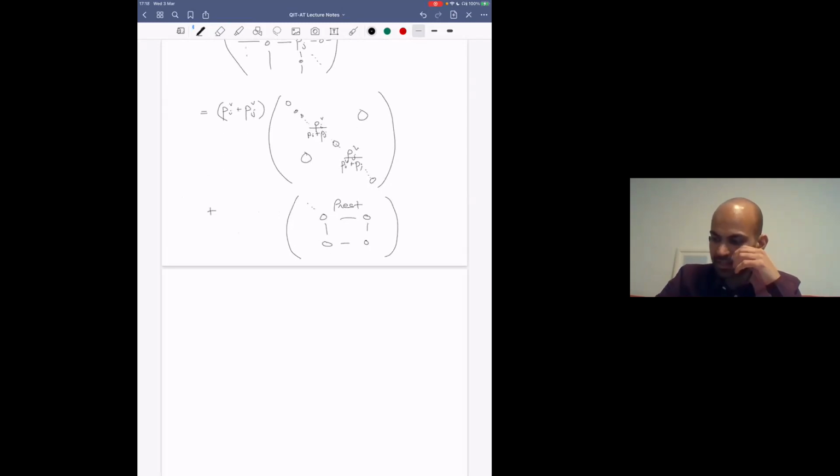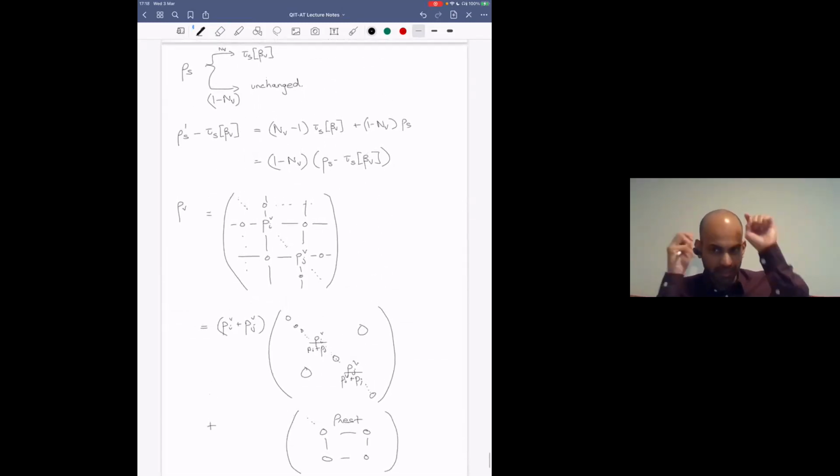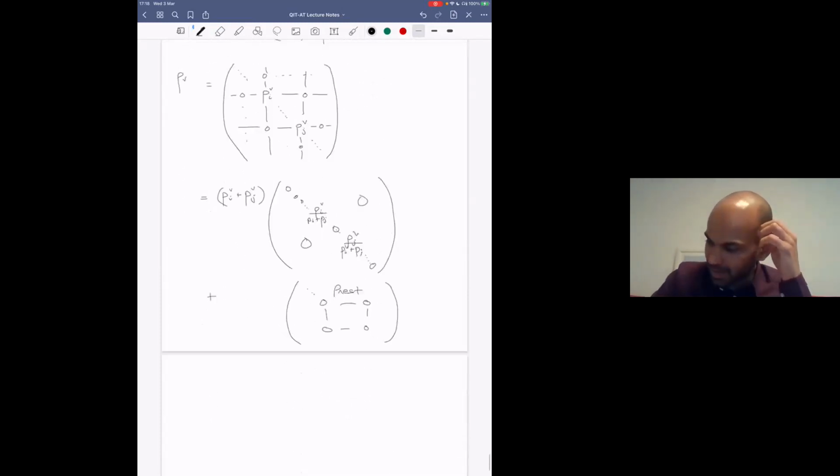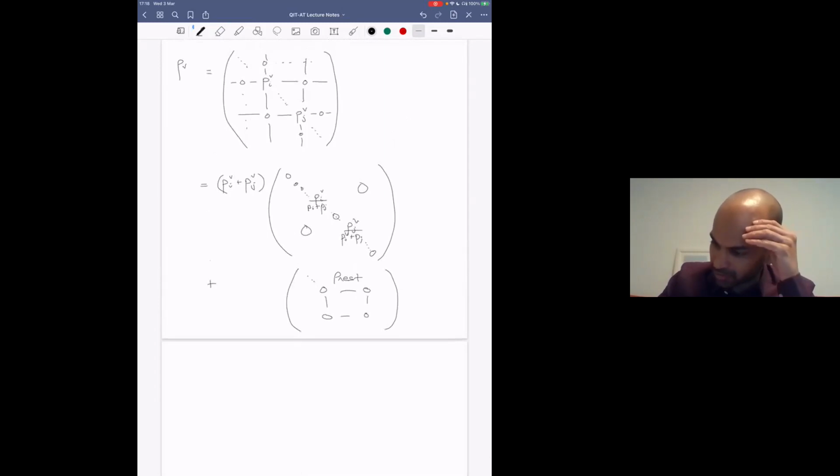So what I've done is I've just written it as the sum of the part that's just in the virtual qubit subspace plus the rest of it. And the reason this is useful is that this first part is now NV times, not exactly tau beta V, but the thermal state in that subspace. Let's call this tau V, which refers to these two elements with zeros everywhere else, and rho as the rest.